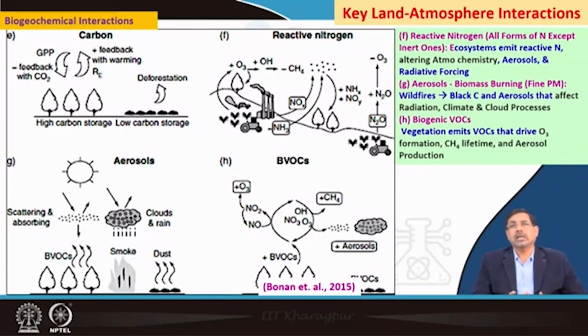So understanding aerosol loading is very important as far as the climate component is concerned. Then coming to the volatile organic compounds, from biogenic sources, vegetation also emits some VOCs that drive ozone formation, methane lifetime, and aerosol production processes.